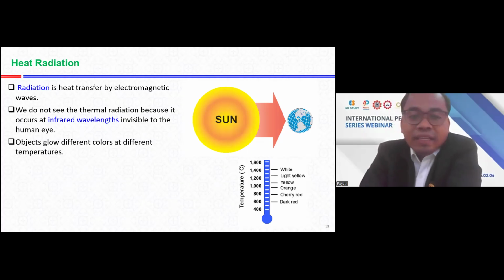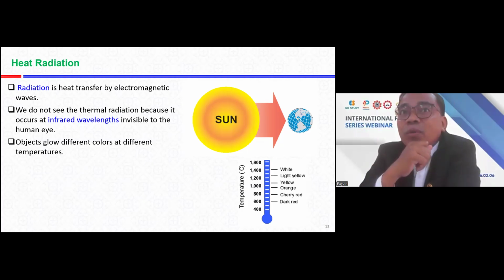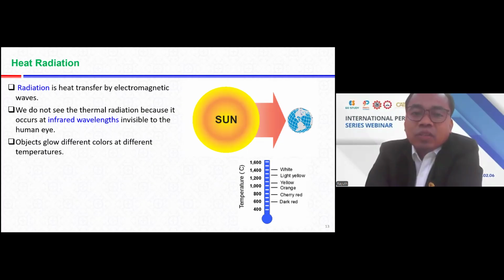Maybe you guys know. For the red color, the temperature is lower than another color, like blue or green.